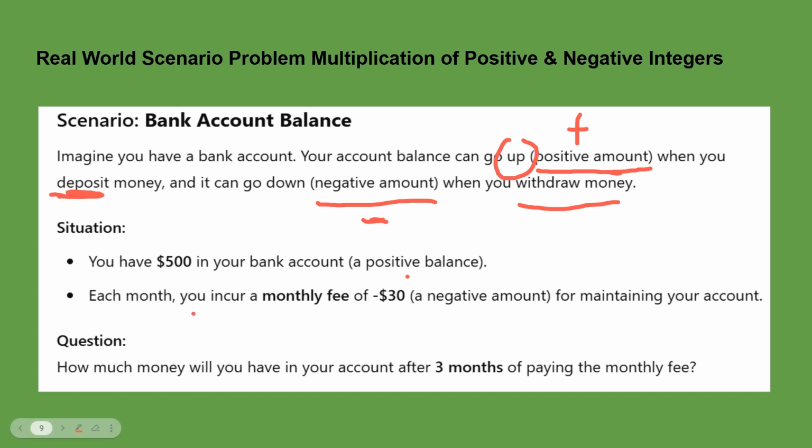Each month, you incur a monthly fee of negative $30, a negative amount for maintaining your account. How much money will you have in your account after 3 months of paying your monthly fee?